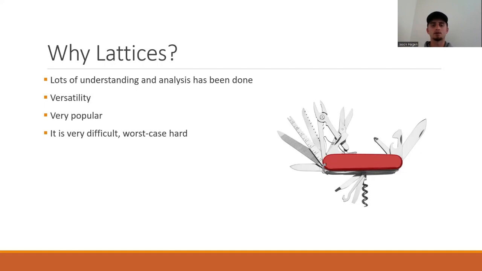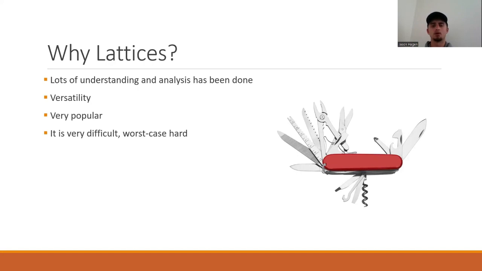They're very versatile; lattice-based cryptography can go into so many different fields where security is at hand. It's super popular, similar to the first point, there's just a lot of work going into it, and we have a lot of information about it.